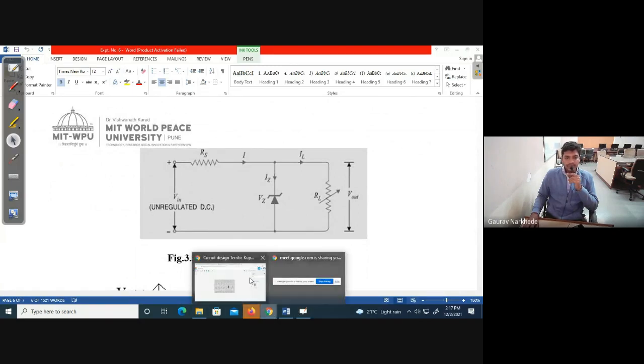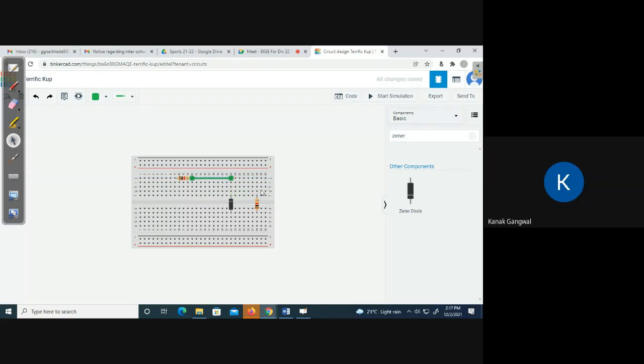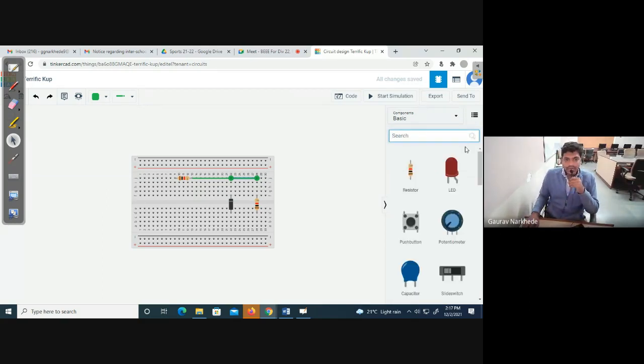Now we will just do the connections. This is connected here. Is it okay? Yes, and this is connected here. Okay, this and this are connected internally on the breadboard, right? Yes. Then we want a power supply for giving the power.